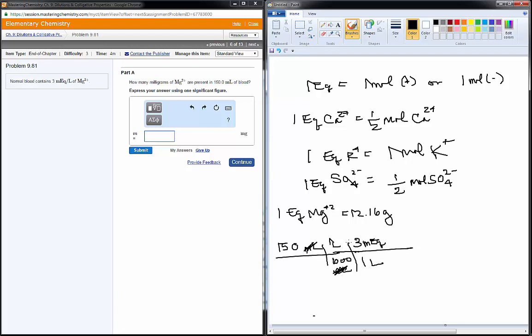So my milliliters cancel, and my liters cancel. I'm trying to go to milligrams, and here I have equivalents in grams. The milli means the same thing that it did back in the first chapter. So 1,000 milliequivalents is the same as 1 equivalent.